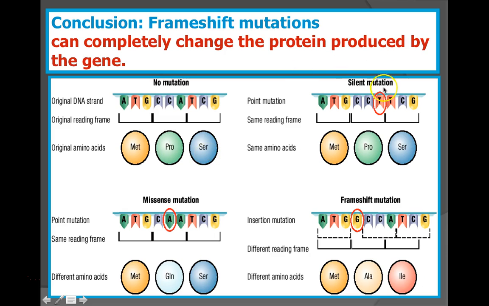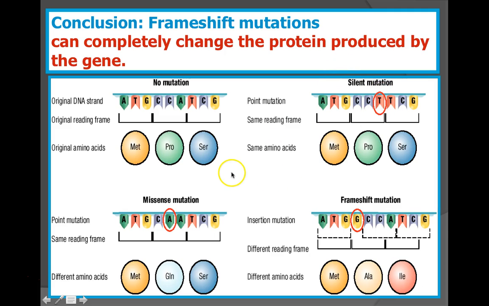So if you look here and compare the silent mutation, this T here is going to be changed, right? So that A turns into a T, but CCA and CCT both produce proline, so therefore your amino acid sequence hasn't changed, and therefore there is no foreseeable mutation, but we all would know here that that is a mutation.